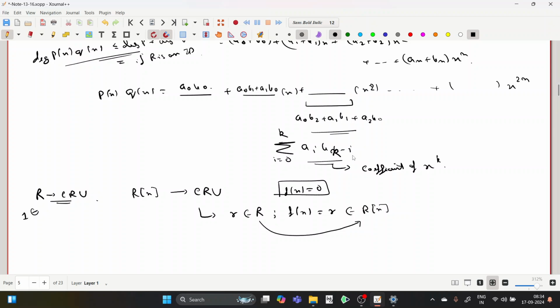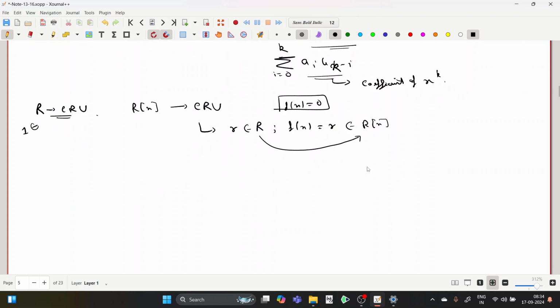So what are the conclusions which we actually get? These are very easy justifications. You can just follow them from how we define the addition and multiplication over the polynomials. So what I actually conclude is that, number one, R is a subring of R[x] in terms of constant polynomials.